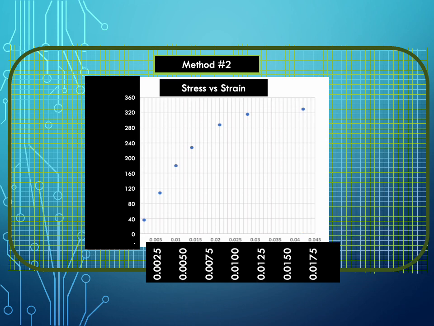So 0.005 extension is 0.0025 strain. Now my x and y axes are in stress and strain, so I can use this graph to calculate my modulus and my yield strength.